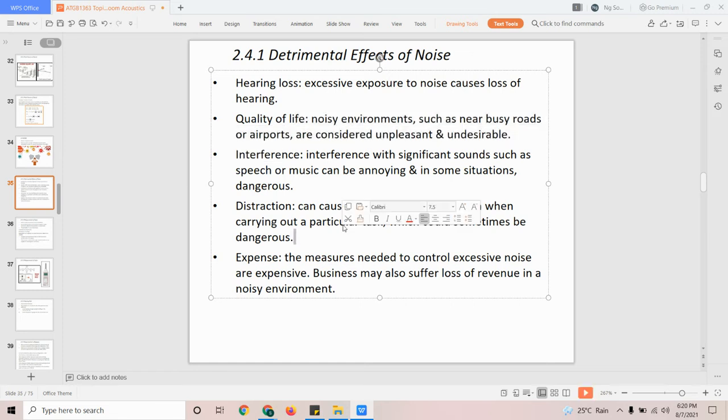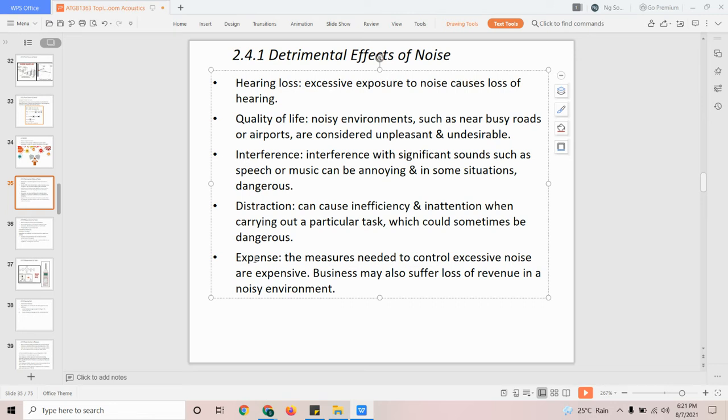Okay, so on other factors, depending on the situation, meaning where we are experiencing the noise, we can have different factors that can affect us. If you're in a house and there's construction next door, that will affect our quality of life. Or if you are trying to work and there's noise beside us, then it's a distraction or interference.